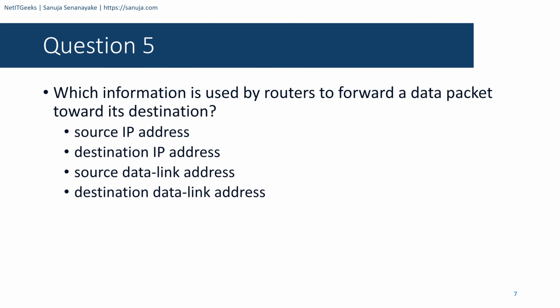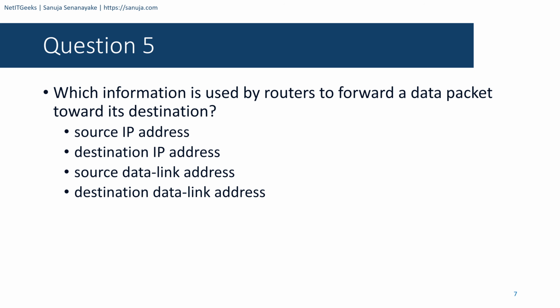Question number 5. Which information is used by routers to forward a data packet towards its destination? So what information is used by a router to forward something to its destination, right? Routers forward what? The packets, right? That's what the question is asking for. We have source IP address, destination IP address, source data link address, and destination data link address.